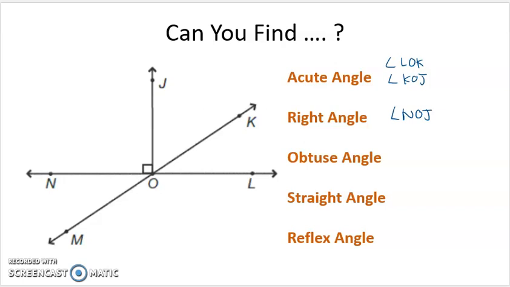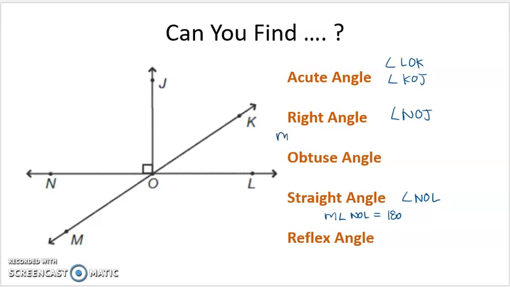And I'm going to skip down because it looks to me like angle NOL is a straight angle. And that's important because if angle NOL is a straight angle, that says the measure of angle NOL equals 180 degrees. And there's something called angle addition, which we'll talk about soon, which would say that I can break up angles.